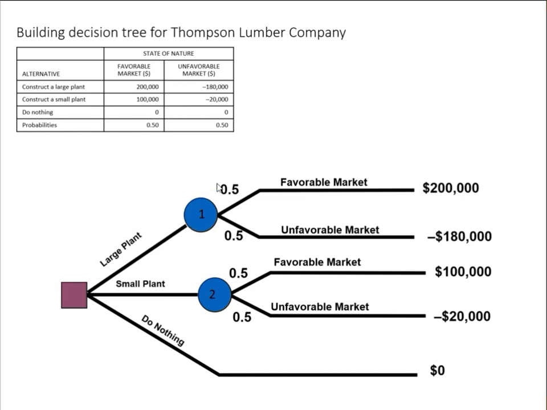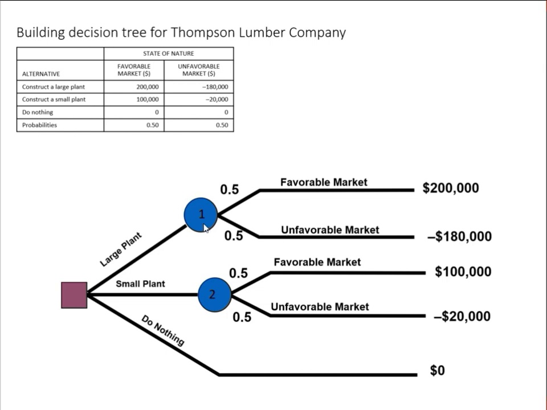Let me start from node 1. If the company ends up here, then it has 50% of chance ending up in a favorable market getting $200,000 or another 50% of chance ending up in an unfavorable market earning negative $180,000.